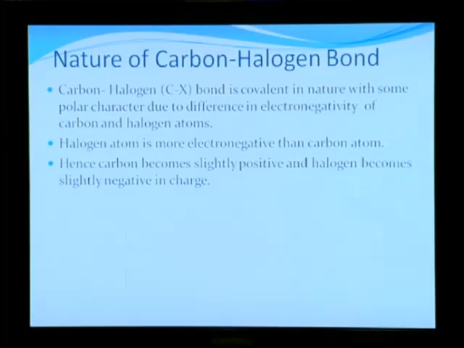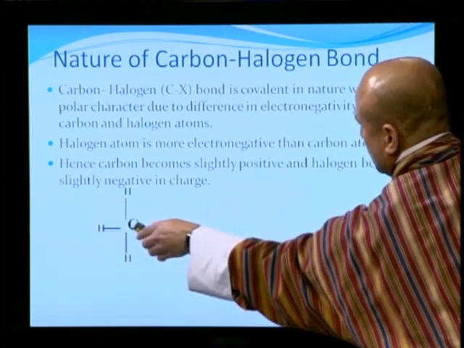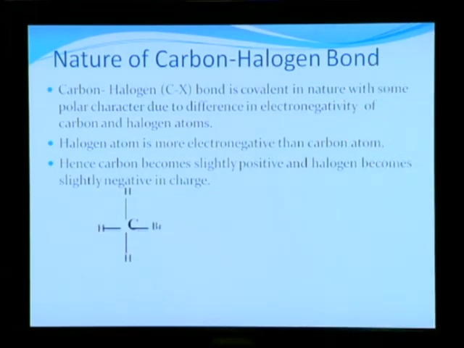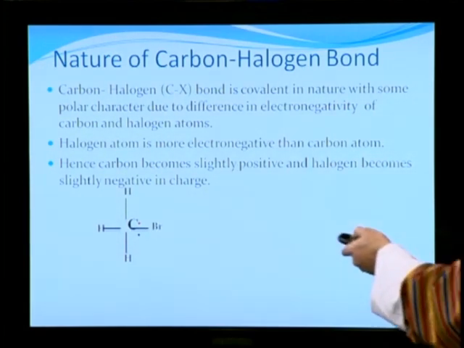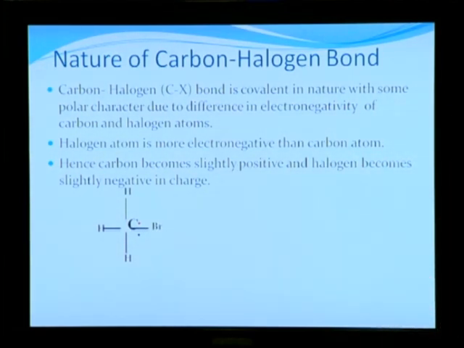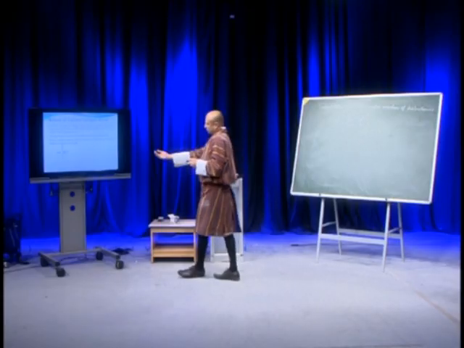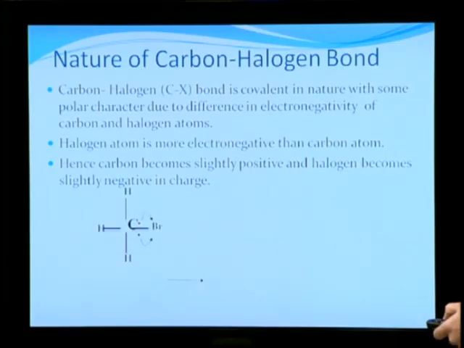So as we can see here, these are haloalkanes, and we are interested to study about this bond. We can see that the shared pair of electrons initially is exactly in between the carbon atom and the bromine atom. But since the electronegativity of the bromine atom is higher than that of carbon, the shared pair of electrons is pulled towards bromine.